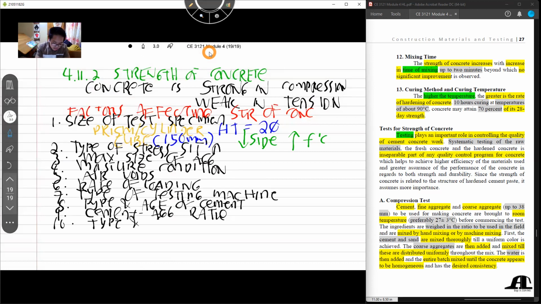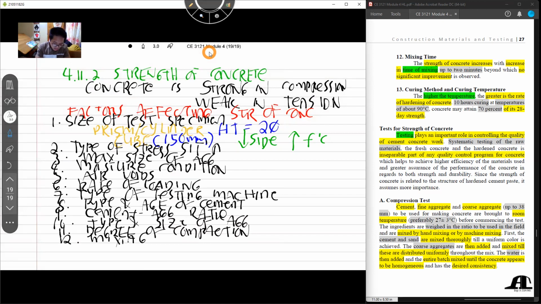Type and size of aggregate. Number 11, class, is the degree of compaction. Second to the last, class, is the mixing time.